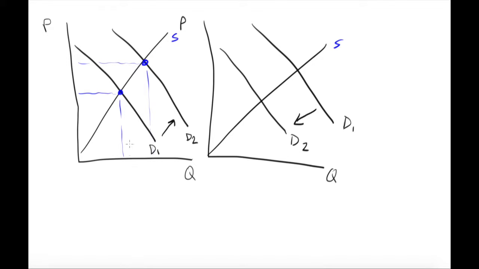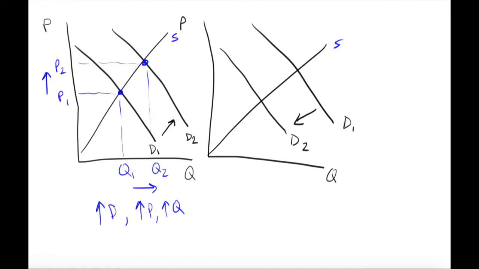You can see that P1 is here, P2 is here, Q1 is here, and Q2 is here. Therefore we have an outward shift in quantity as well as an upward shift in price. So an increase in demand, or a rightward shift, leads to an increase in price as well as an increase in quantity.